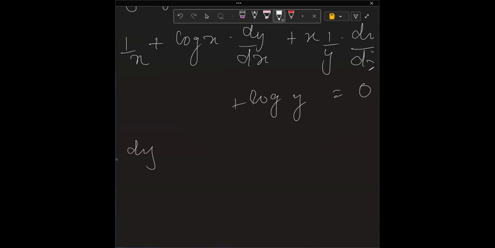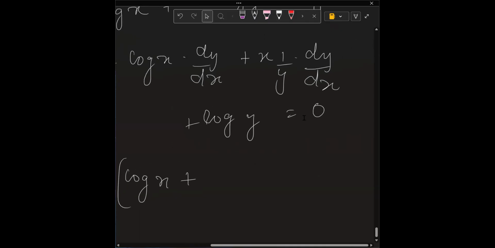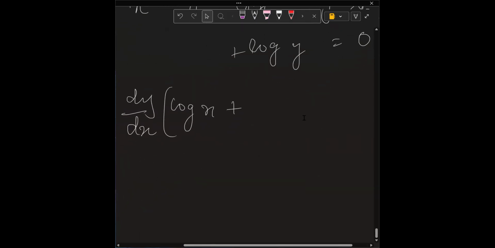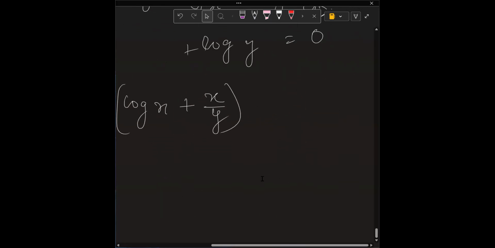We have dy by dx times log x plus x by y, and what else is left? This is left, y upon x. So just take this thing y upon x on the right hand side. This is going to be minus y upon x.